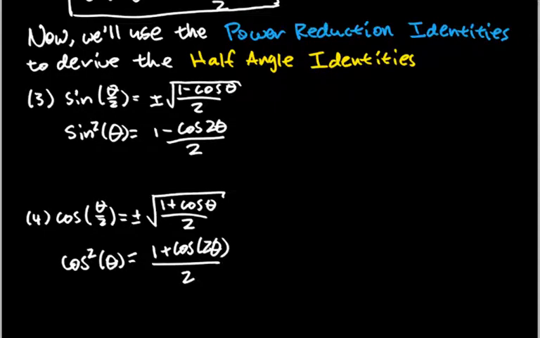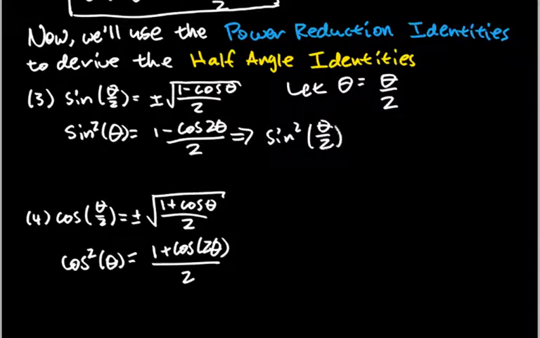Okay, so let's do one thing first. Let theta equal theta over 2. If you do that, then we have sine squared of... So we're just going to replace all the thetas with theta over 2. We get 1 minus cosine of theta, because 2 times theta over 2 is just theta, right?